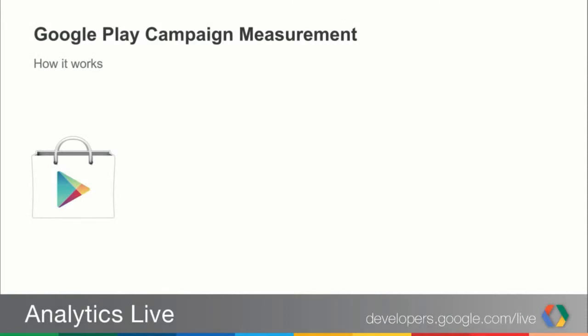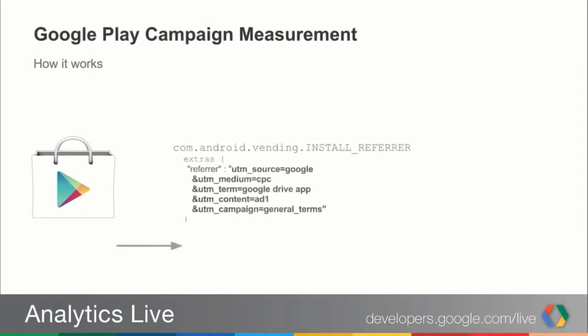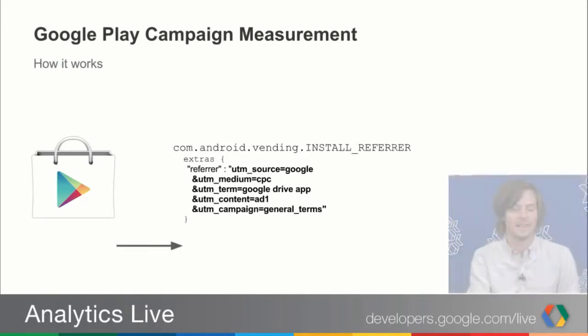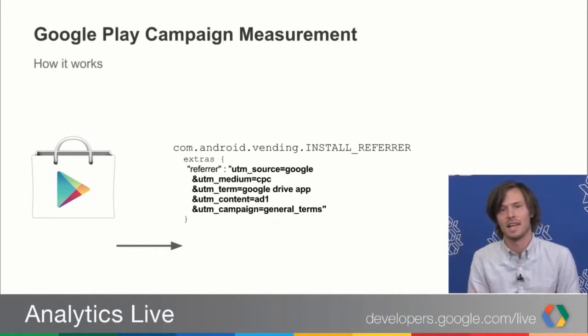What happens from there, if they choose to install the app right then, is that the Google Play Store app on the device is going to broadcast this install referrer intent. As part of that referrer intent, it's going to grab the value of that referrer parameter from the link that you used to send people there, and it's going to include that as a string extra in the bundle with the intent.